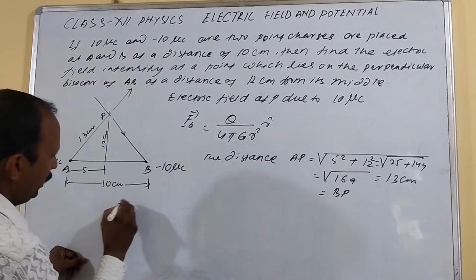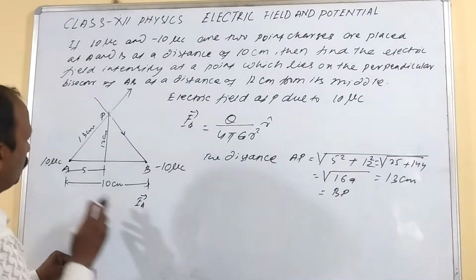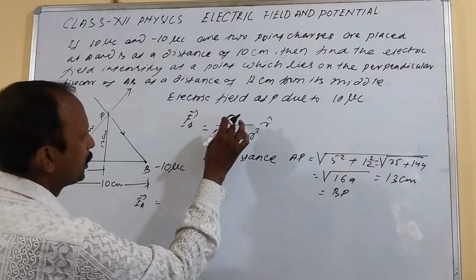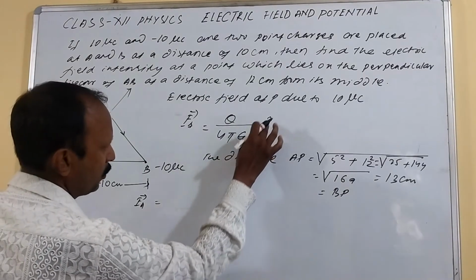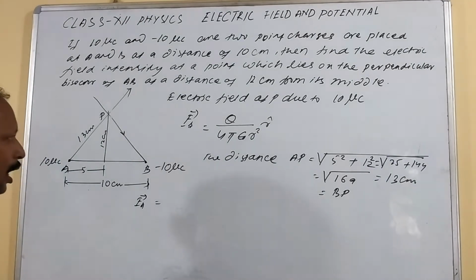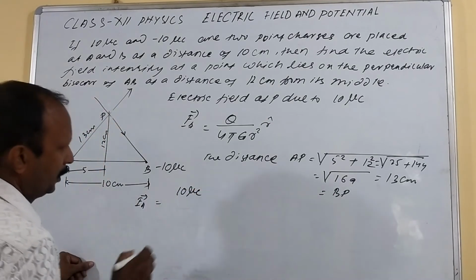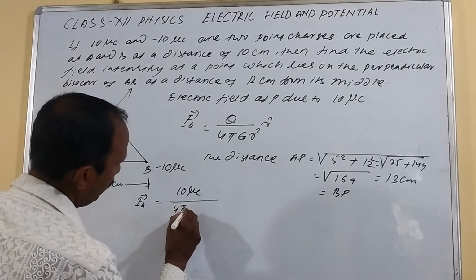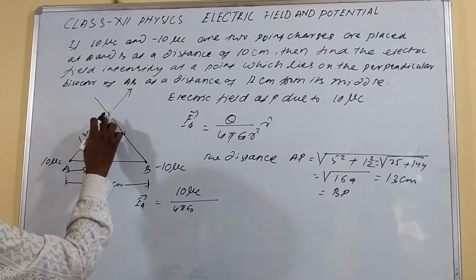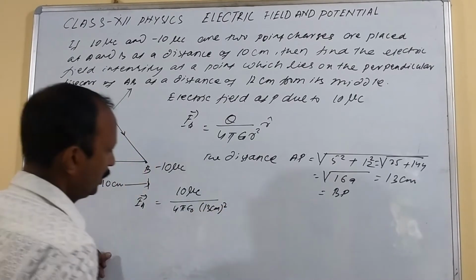So I can calculate that the electric field at the point P due to charge at A is equal to Q upon 4 pi epsilon naught r square, r unit vector. Here the charge is 10 microcoulomb divided by 4 pi epsilon naught r square. In place of r, I write 13 centimeter square.